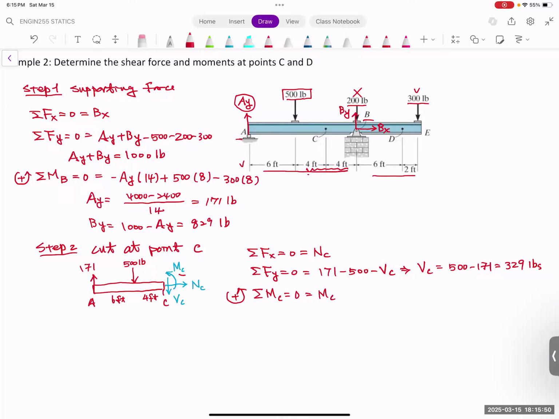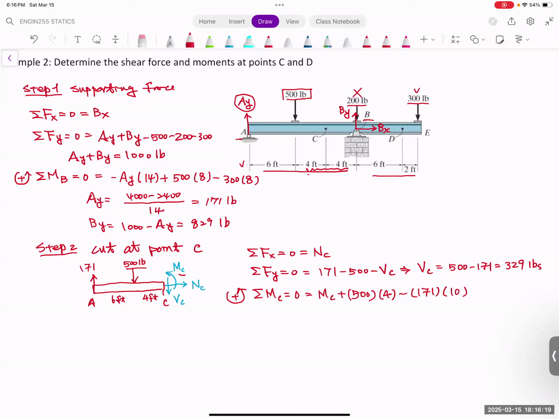So I have M sub C. And 500 pounds is going to make it rotate the same direction. So it's going to be positive 500 times the lever arm, which is 4. And then AY is going to make it go the other direction. So it's going to be minus 171. And the distance is going to be 10. And that's equal to 0.